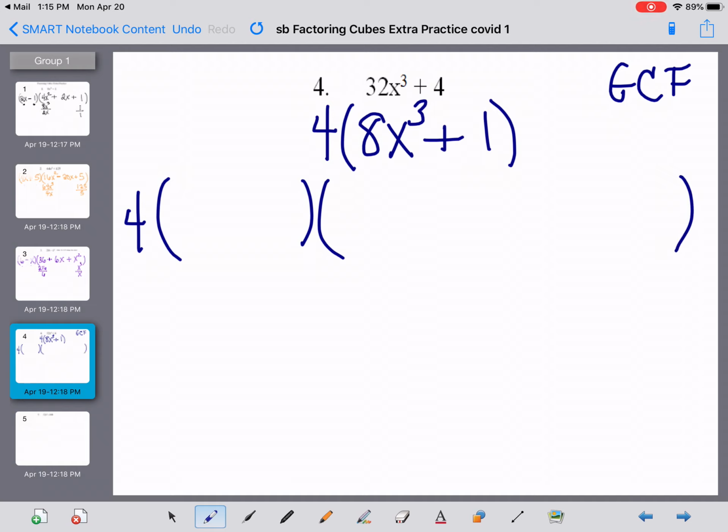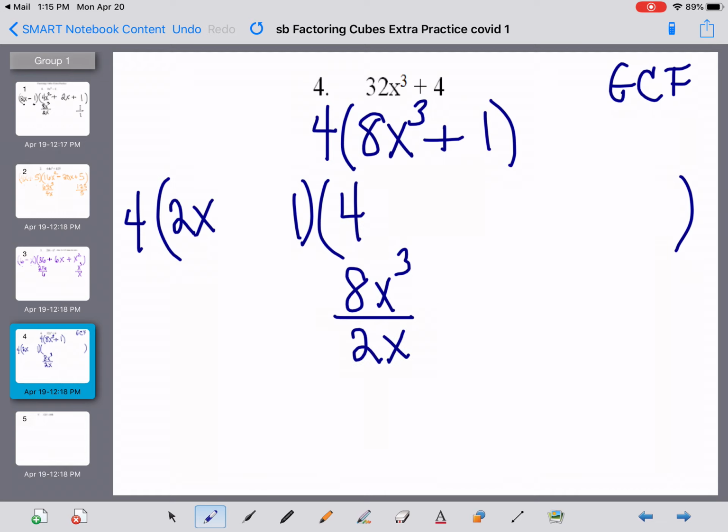Going back, the cube root of 8 is 2. We've seen this one actually even before, but it's 2x. The cube root of 1 is 1. And then to figure out the rest, we're going to take 8x cubed divided by 2x. 8 divided by 2 is 4.